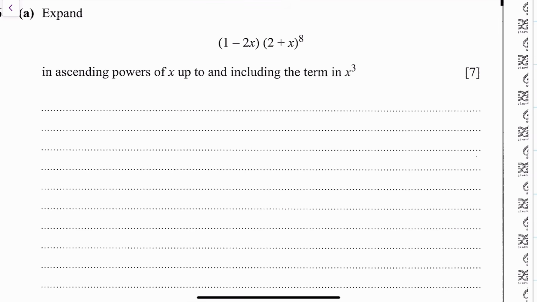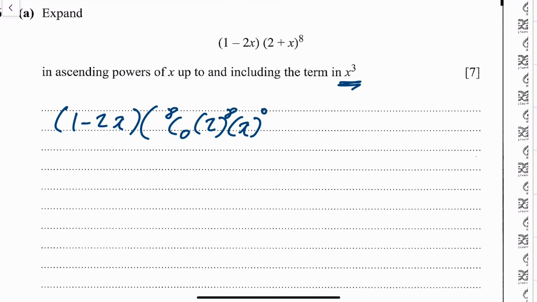Okay, lovely wee binomial question here. It says expand this thing in ascending powers of x up to and including the term in x cubed. So you've got 1 minus 2x, and this thing here is going to be, and I'm going to do all of my working out here, 8c0, and then my 2 to the power of 8, my x to the power of 0.